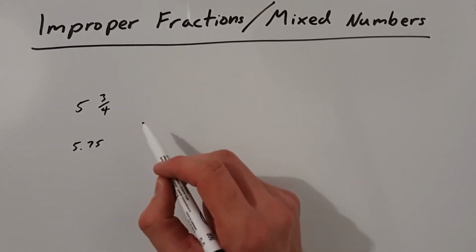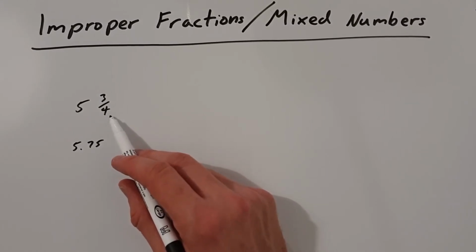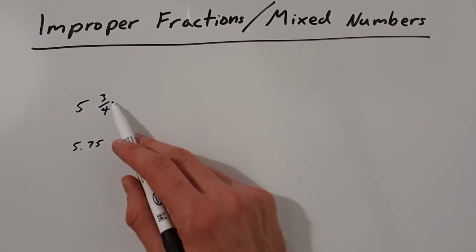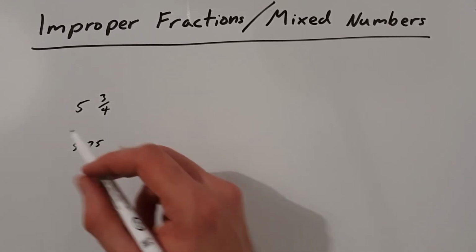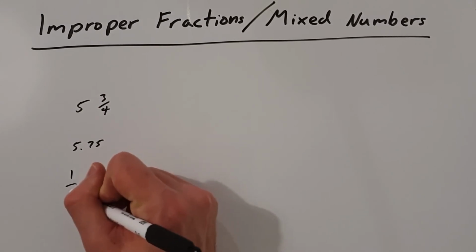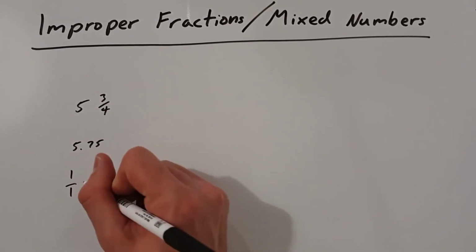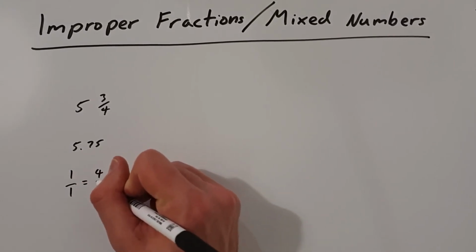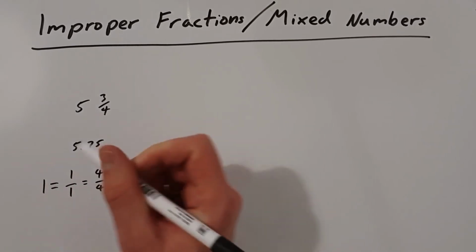If we think about this fraction and what it is showing, we've got 3/4. If we think about what fraction would equal 1, we know that 1 over 1 equals 1. If we converted this into quarters, this would be the same as 4/4, or 4 over 4, which is all equal to 1.